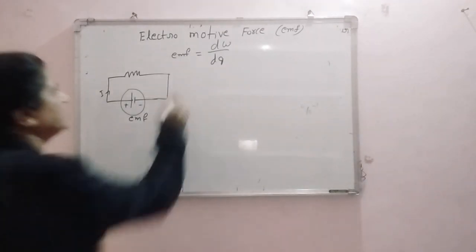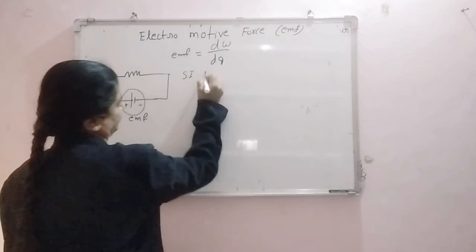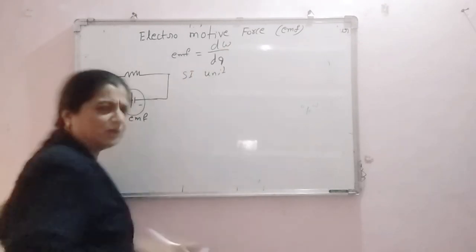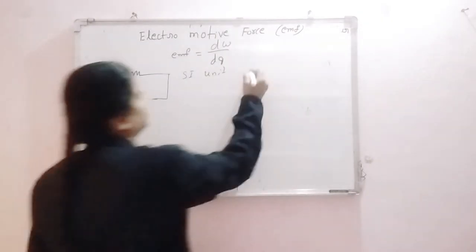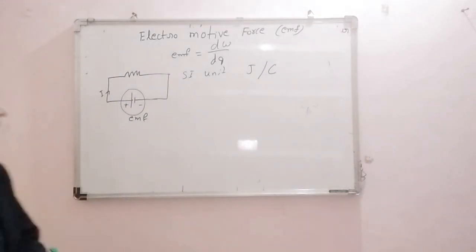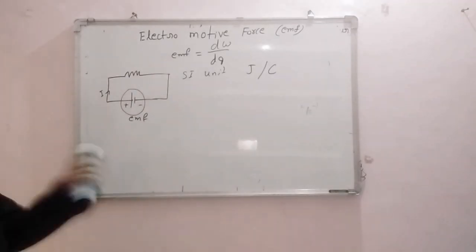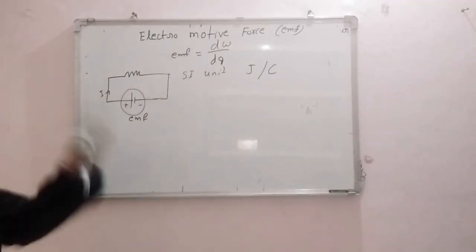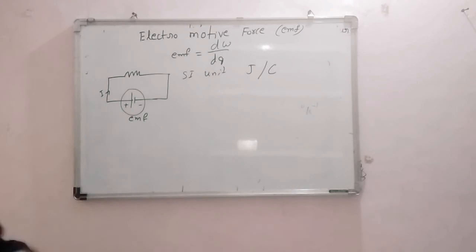What is the SI unit of EMF? Work is in joule, charge in coulomb, so joule per coulomb is the SI unit. This is about the EMF.